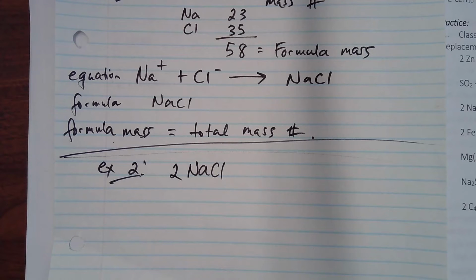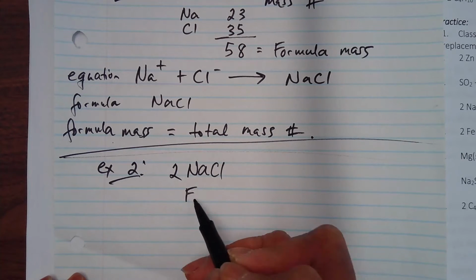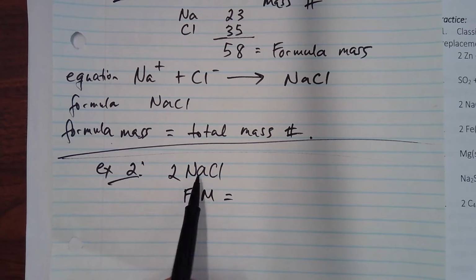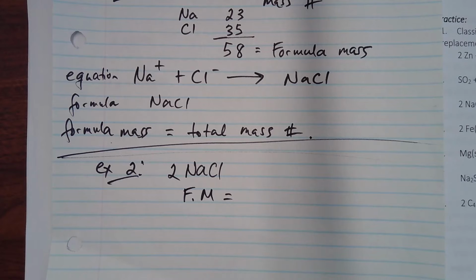So now you have 2 molecules of NaCl, right? So Eden, tell me what would be the formula mass, and we're just gonna simplify it as Fm for now. What is the Fm of that? I'm asking Eden. Okay, now Muhammad, you can help her out.